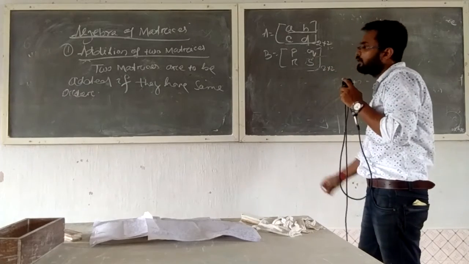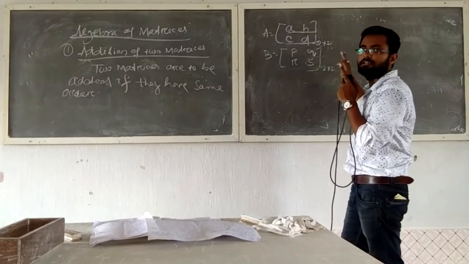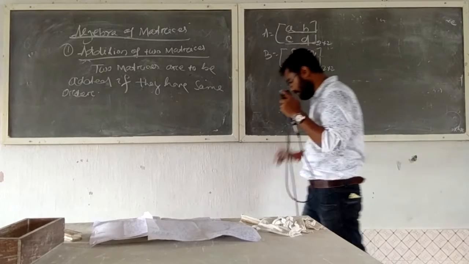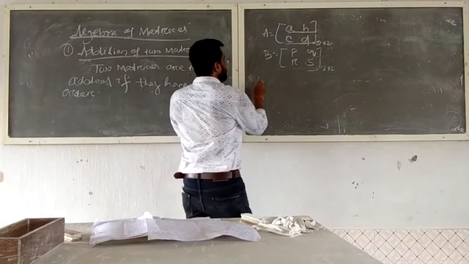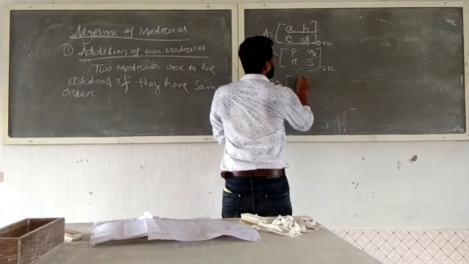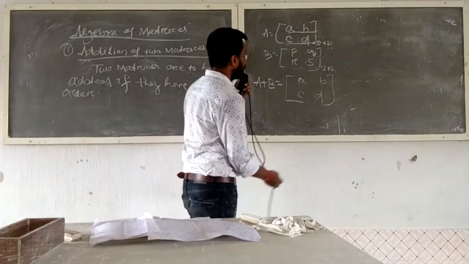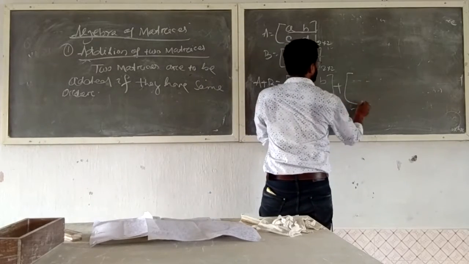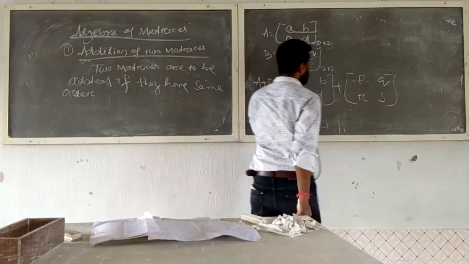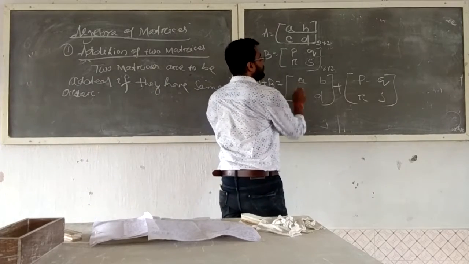The condition for addition of two matrices is that the matrices have the same order. That means both are 2 by 2 order matrices, so addition is possible. Then we can add the matrices: A plus B equals A, B, C, D, these are the entries or elements of matrix A, plus matrix B, P, Q, R, S. We add each respective element with the respective element.